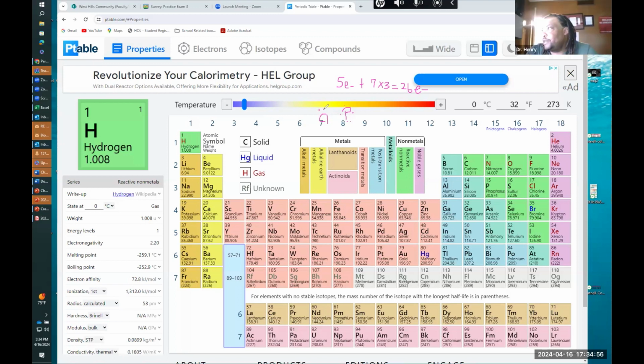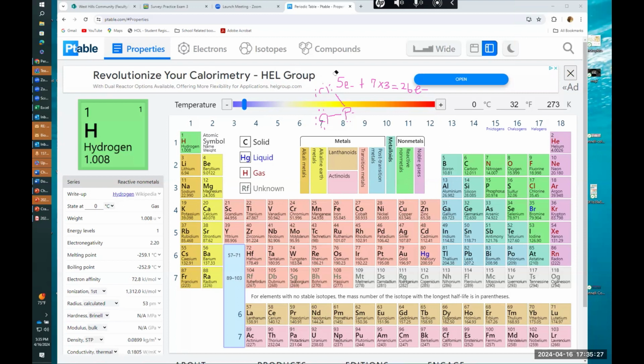It needs 8 to reach its octet. So that's 1, 2, 3, 4, 5, 6, and then here we'll make a bond. And then same thing up here. Oops, we got too many. Hold on.